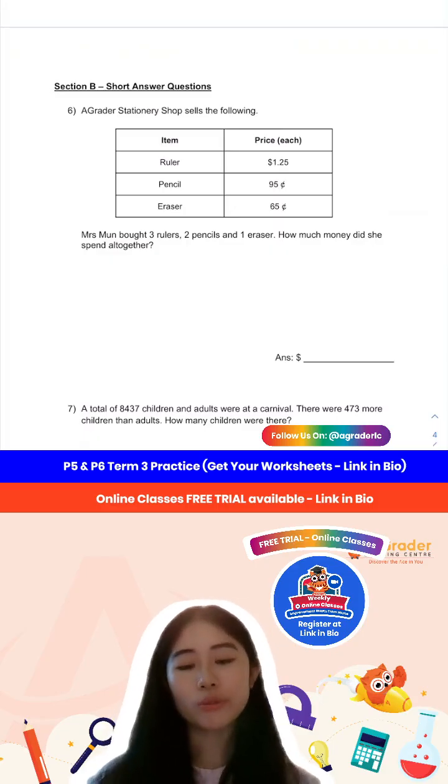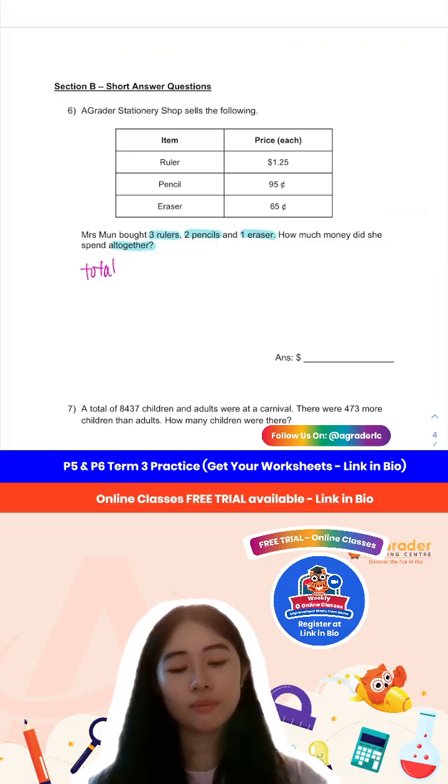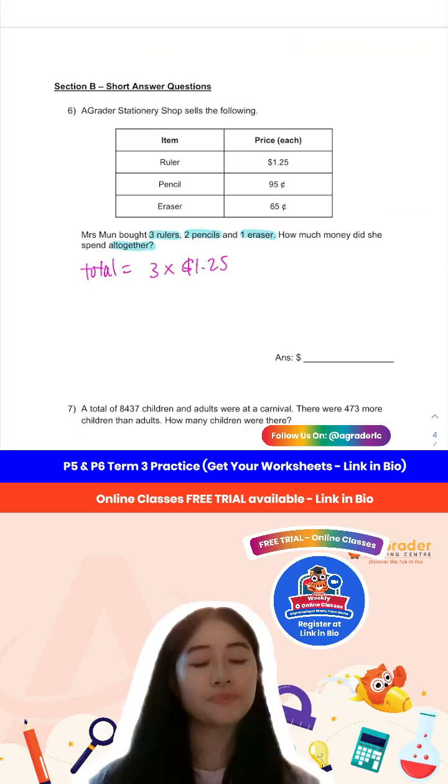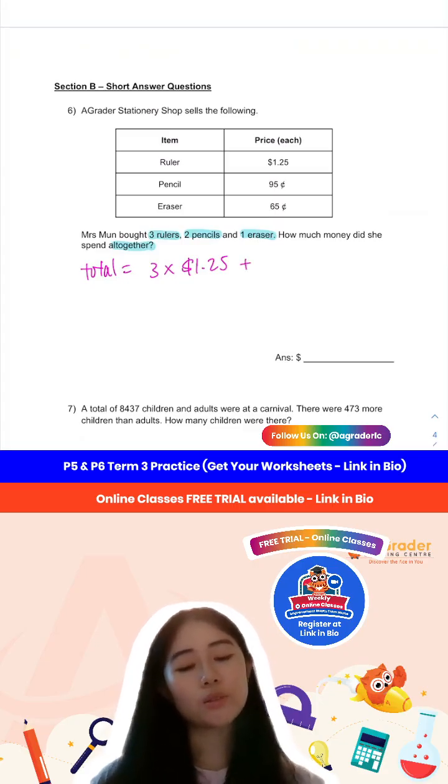For this question, a stationery shop sells the following: your usual ruler, pencil, and eraser. Mrs. Mann bought 3 rulers, 2 pencils, and 1 eraser. How much money did she spend altogether? We'll find the 3 rulers first: 3 times $1.25. Then add the 2 pencils.